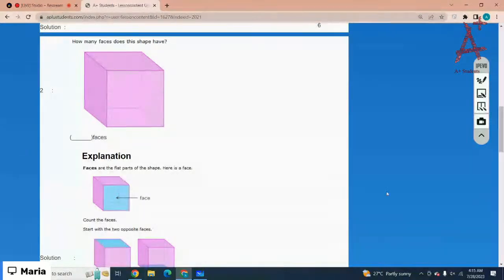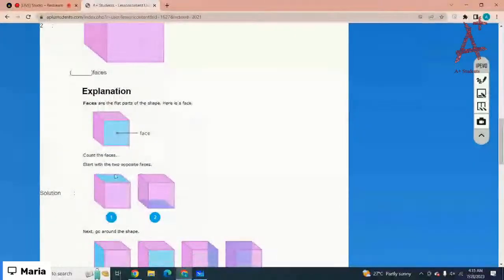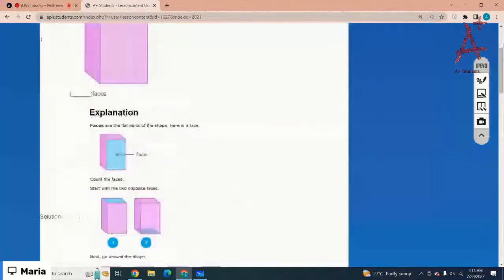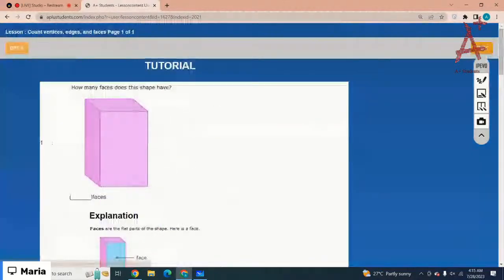You can count the two opposite side faces, like the up one, the down one, two. You can count in pairs, like this one and the opposite side this one. Three and five are opposite sides, and four and six are opposite sides. So the shape has a total of six faces. I think we have to be slow.